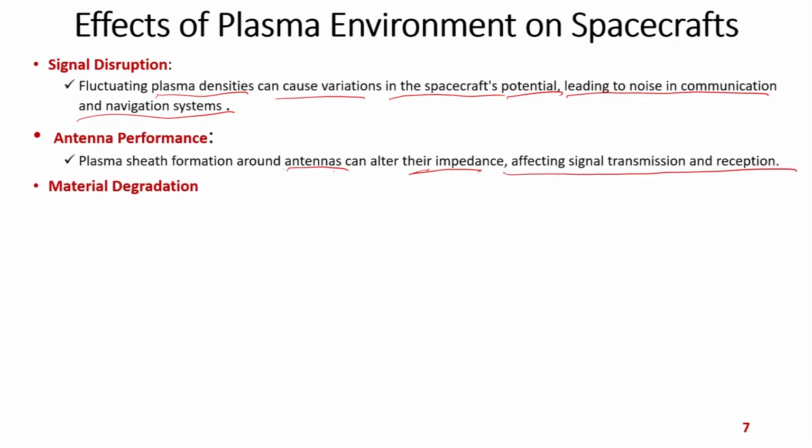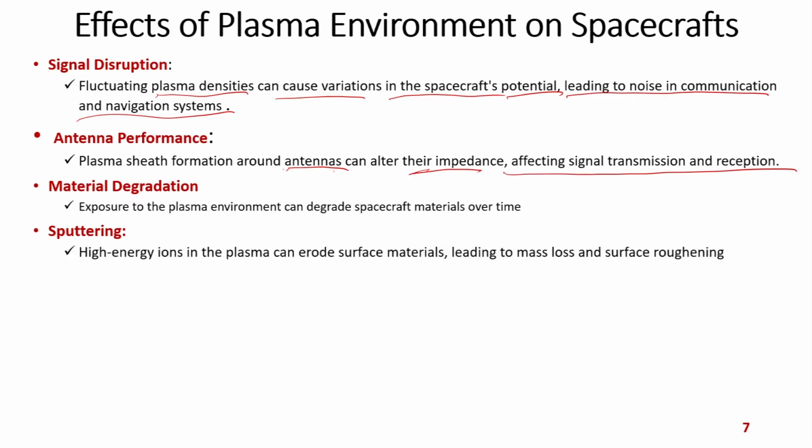Then material degradation. Exposure to the plasma environment can degrade the spacecraft materials over time. It can even cause sputtering, the way we have seen atomic oxygen do. Here, plasma particles can do the same thing: high-energy ions in the plasma can erode surface materials, leading to mass loss and surface roughening.